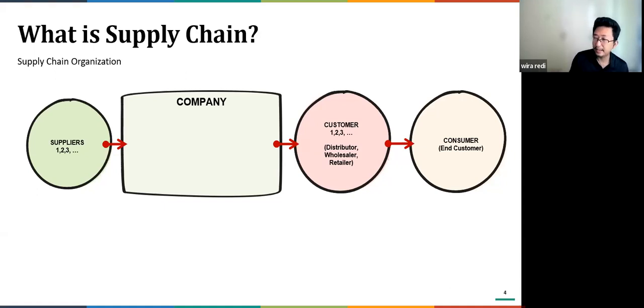And then as I mentioned earlier, we have a special customer, we call it the end customer, the last customer in the chain. Okay, and supply chain management includes all stages that are directly or indirectly related to this.